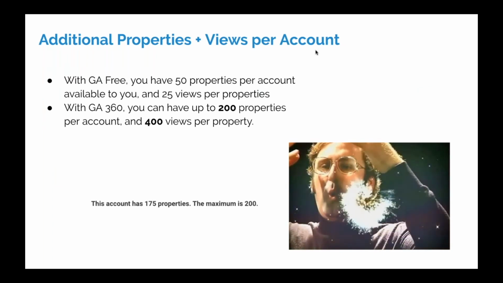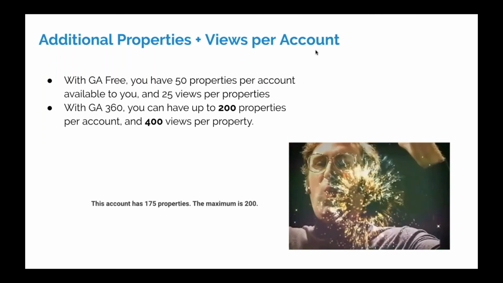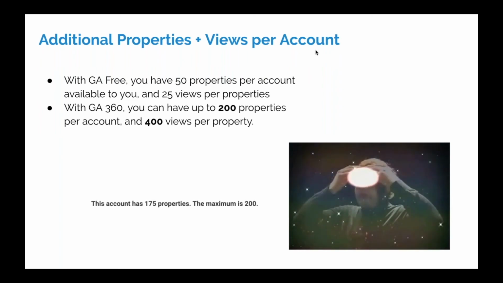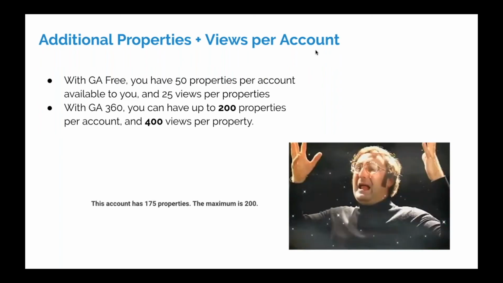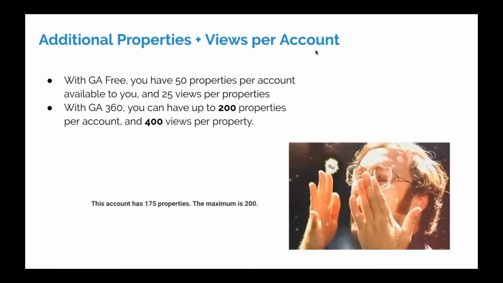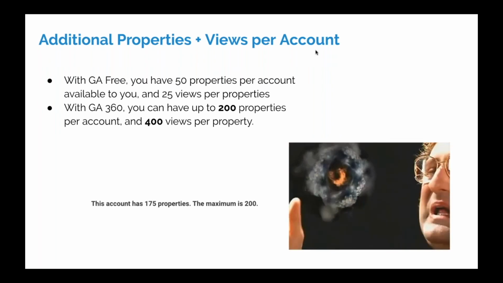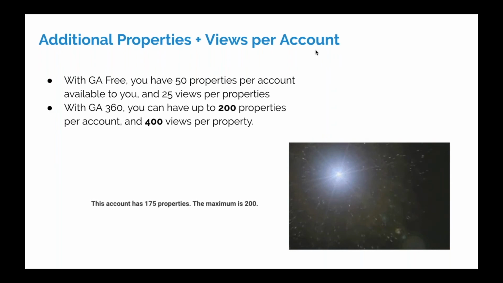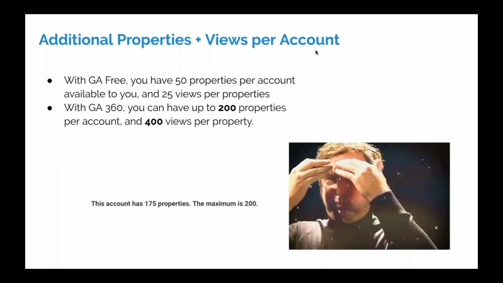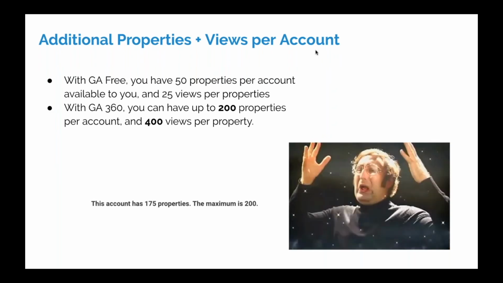But another big difference is going to be the properties and views that you have available to you. So with the free version of Google Analytics, you have 50 properties per account and 25 views per property, which again should suffice for your smaller, medium-sized business. There's only so many ways you can splice the data into views, and maybe 50 properties is plenty at the account level.